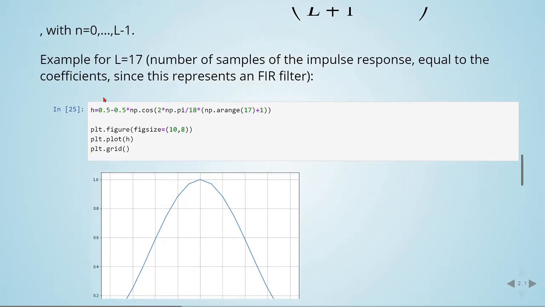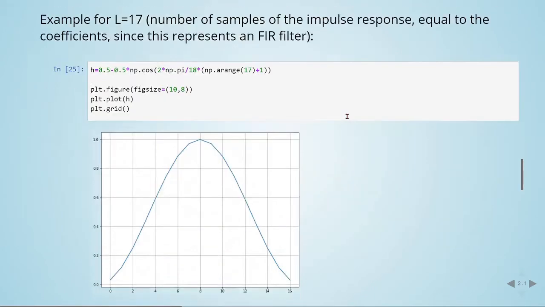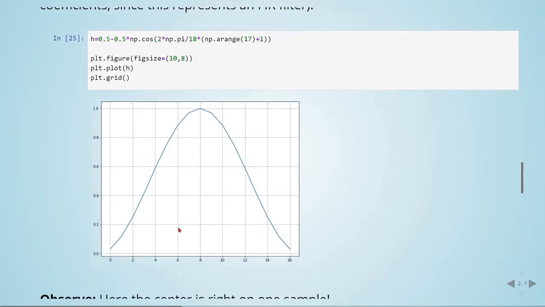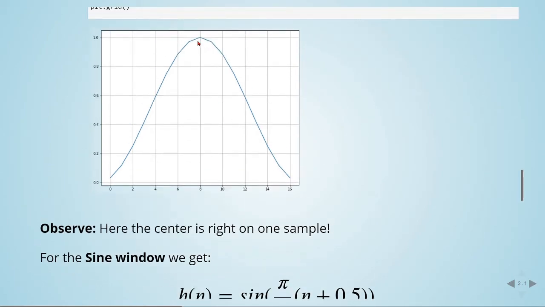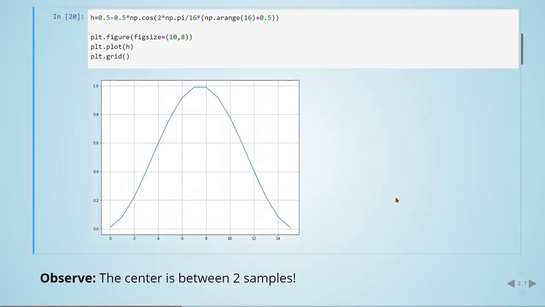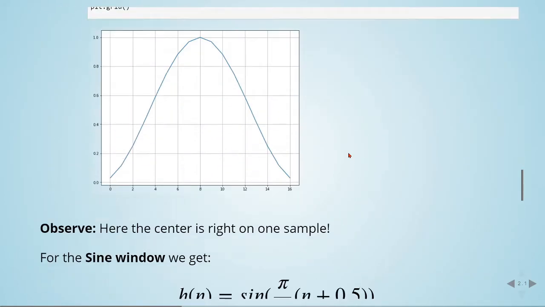We now have our equation just as given here, and here we have the impulse response of our filter, and here the center is right on the sample. When we compare to the even case, where the center is in between two samples, here the center is right on one sample.